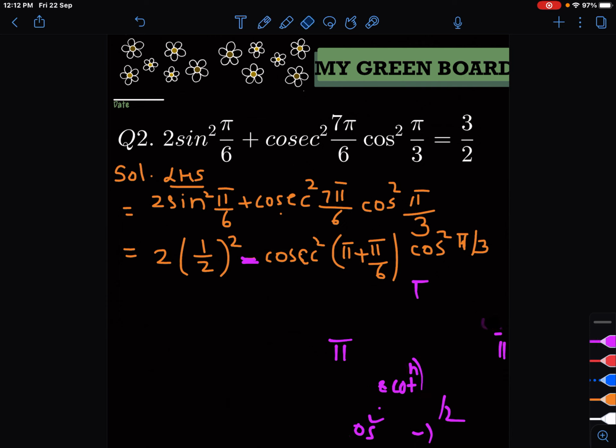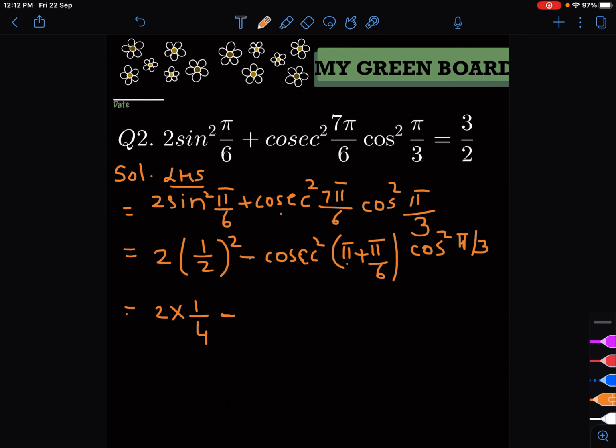Now, since this negative sign is put here, I am taking this pi off. So in the next step I will just do it. So 2 into 1 by 4 minus. We can write like this: I am just taking this pi off because I have put minus here.